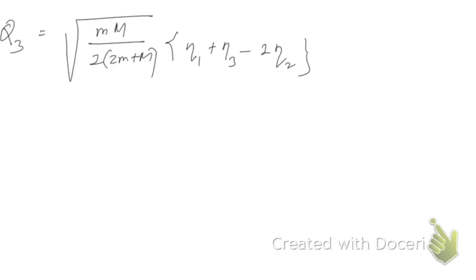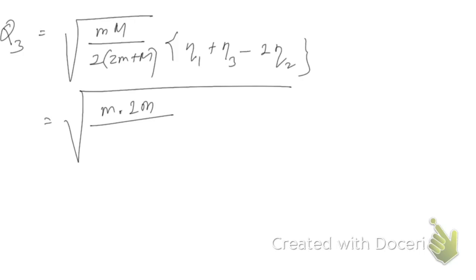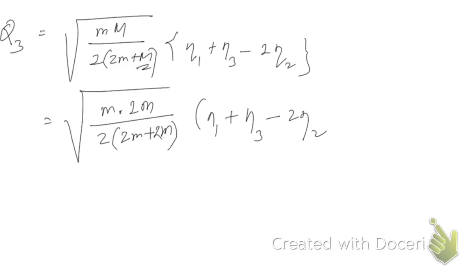So if we replace the capital M by twice m, we have m into twice m by 2 into (twice m plus capital M, replaced again by twice m), and then eta 1 plus eta 3 minus 2 eta 2.